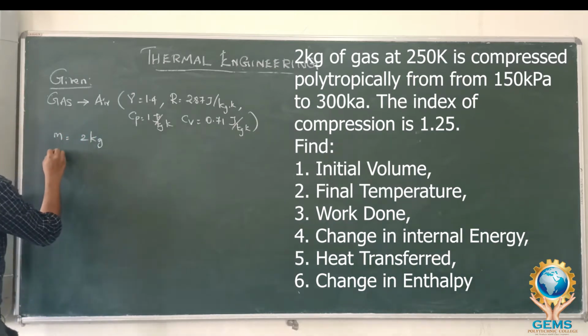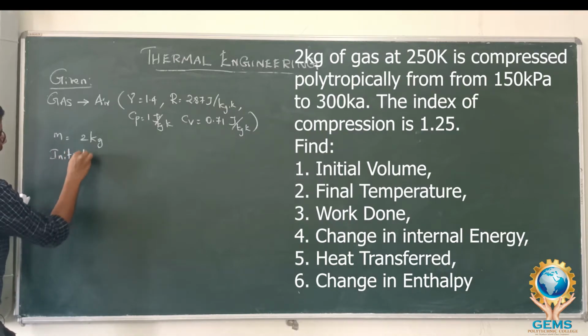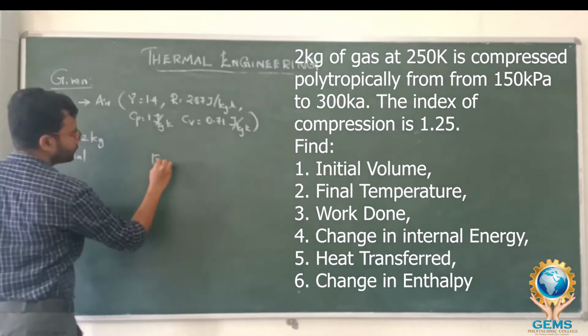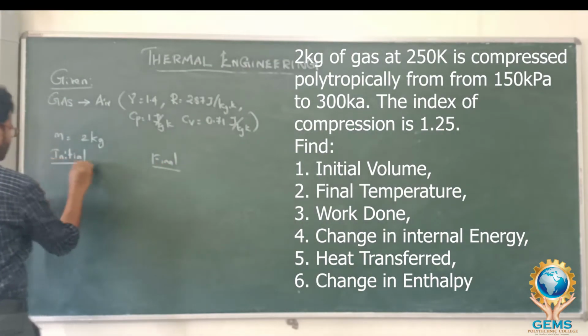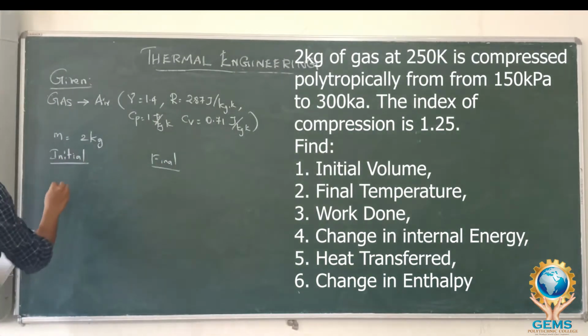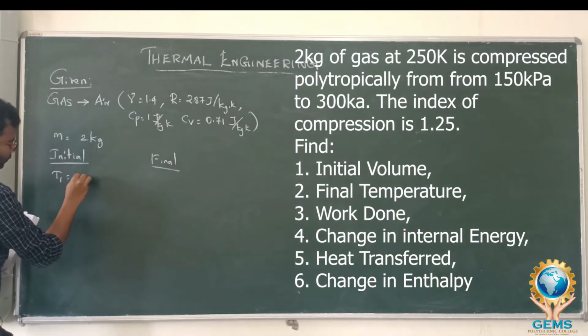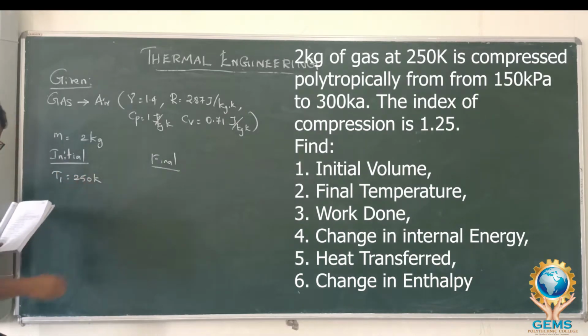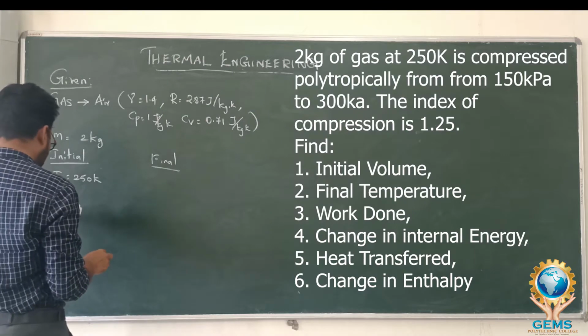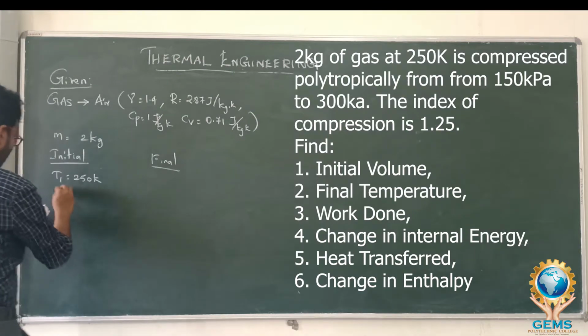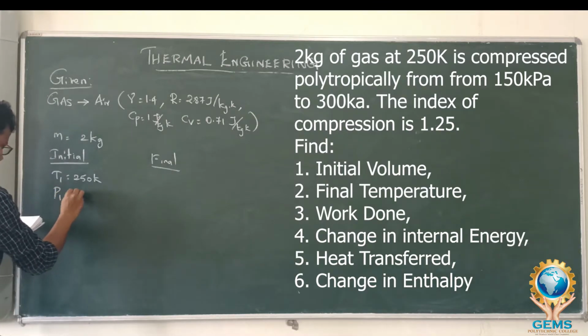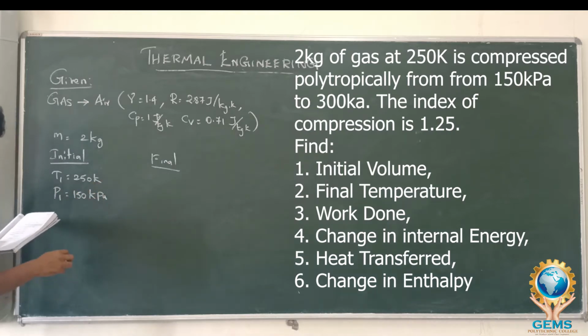Now we are going to write the initial and final condition. This is initial and this is final condition. Initially it is at a temperature of 250 Kelvin. Then in pressure it is mentioned 150 kilopascal.